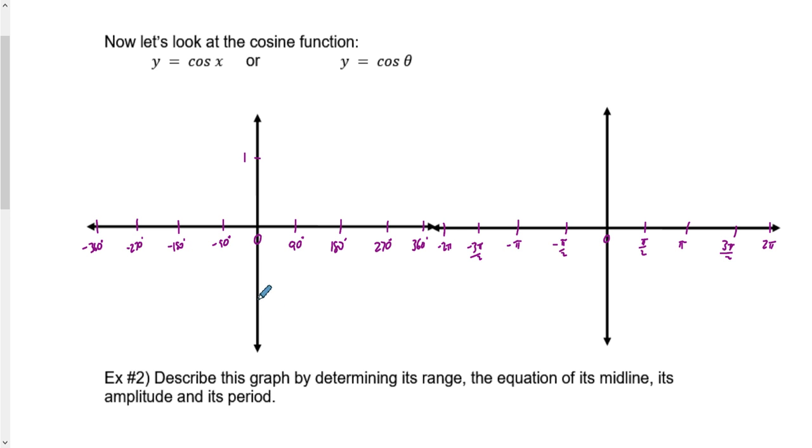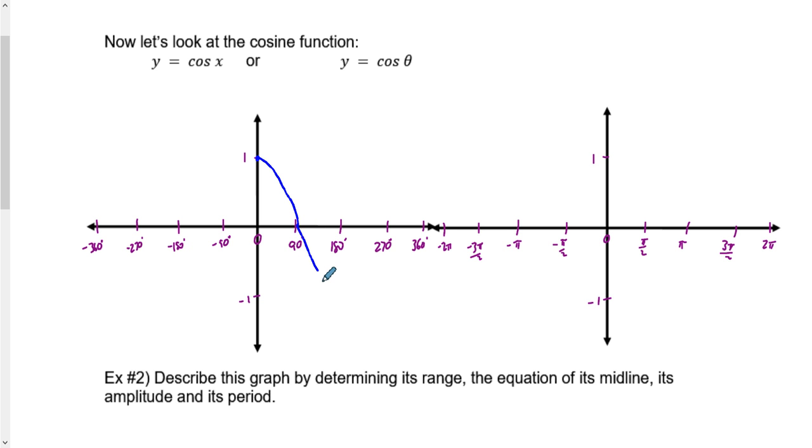We'll use the same kind of characteristics, 1 and -1. Here's the difference for the cosine graph, though. Instead of starting down at the origin, the cosine graph actually starts up at 1. At 90 is when it crosses the x-axis.